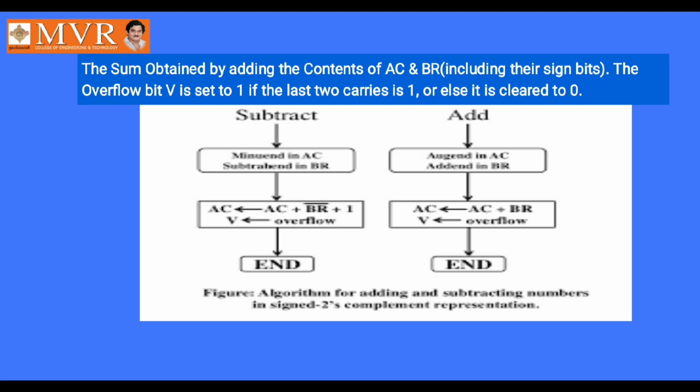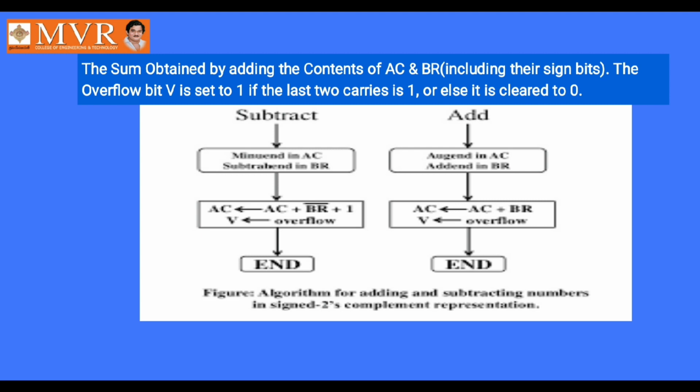First you find the one's complement. If it is a binary value, in general terms we say r's complement and r minus 1's complement. So initially for BR we find the r minus 1's complement, and 1 will be added to that, which becomes the r's complement. And whatever r's complement we got, that will be added to AC, to the minuend. In this way, the subtract operation will be performed.